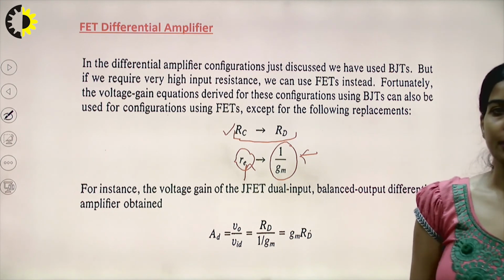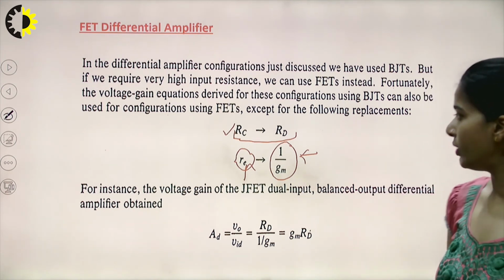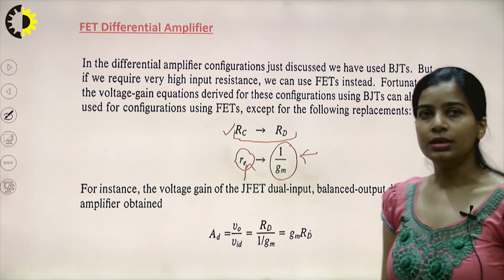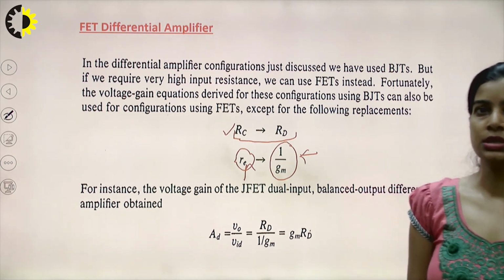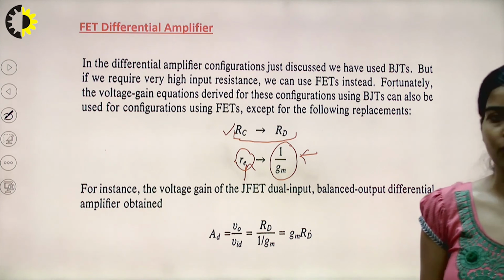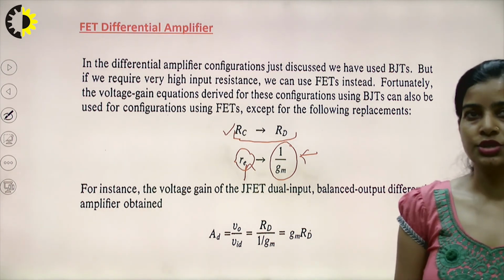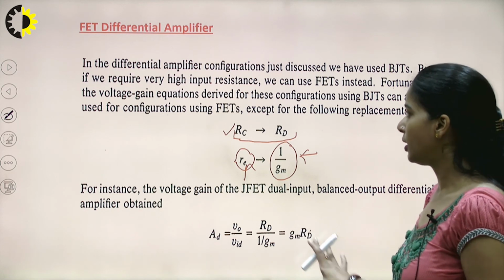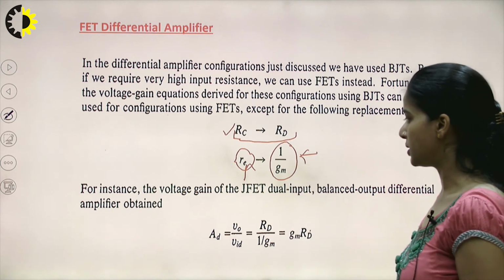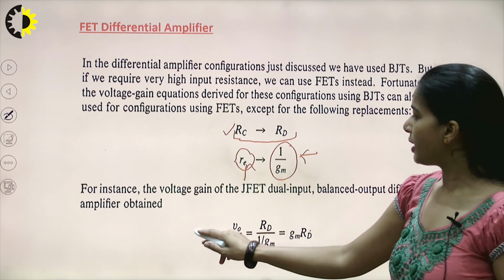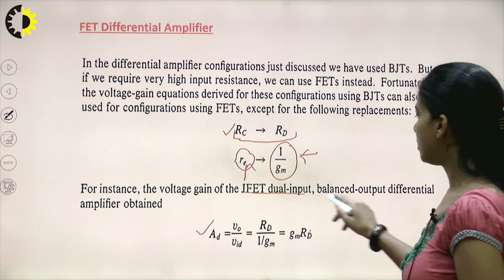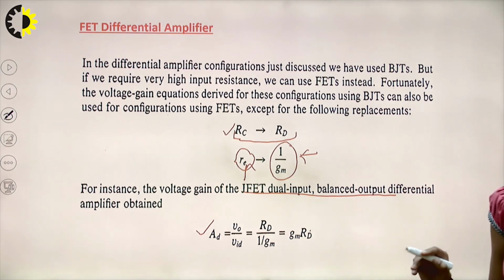So, RC will be replaced by RD, re will be replaced by 1 upon gm. All the expressions that we have calculated for the differential amplifier using BJT will also be valid for FET with these modifications.